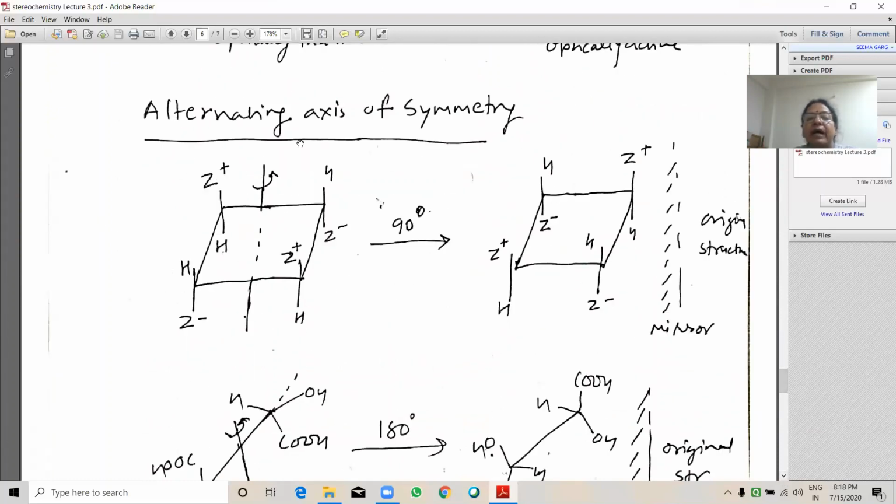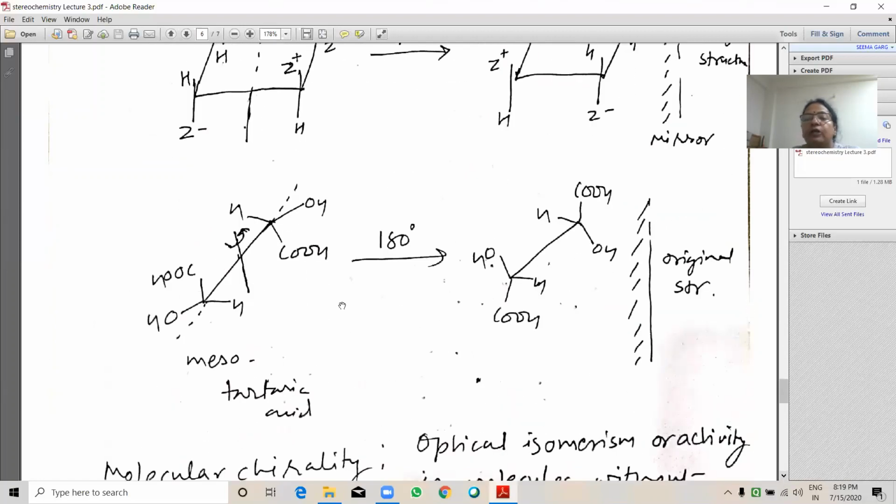Alternating axis of symmetry. When a molecule is rotated by 90 degrees, 180 degrees, 360 degrees, and after rotation its mirror image is superimposed on each other, then the molecule is said to be symmetrical and it is optically inactive.